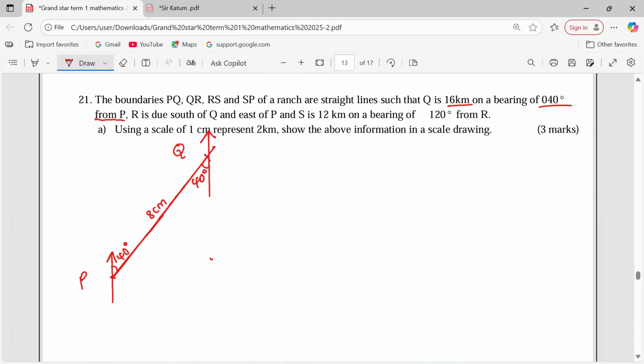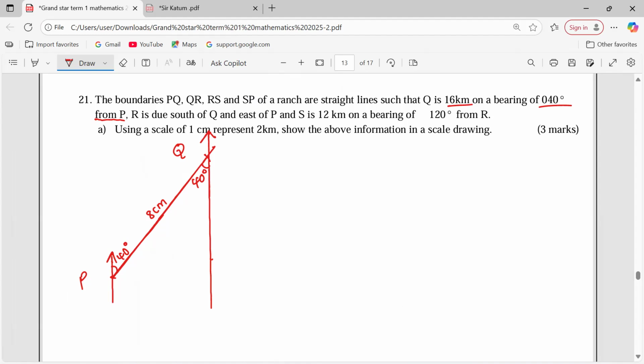More instructions. What are more instructions saying? More instructions say this, that R is due south of Q and due east of P. So due south of Q means from Q we just move downwards. Then when we say due east of P, then at P we move towards the right.